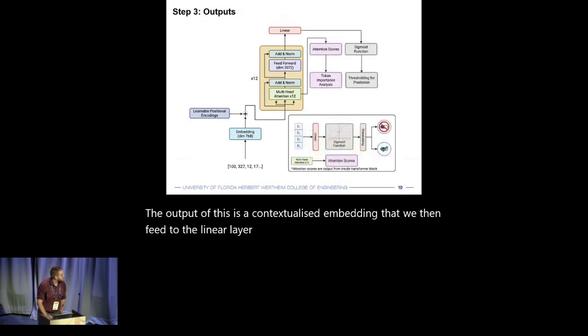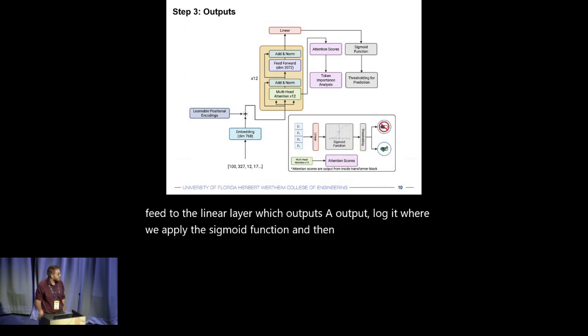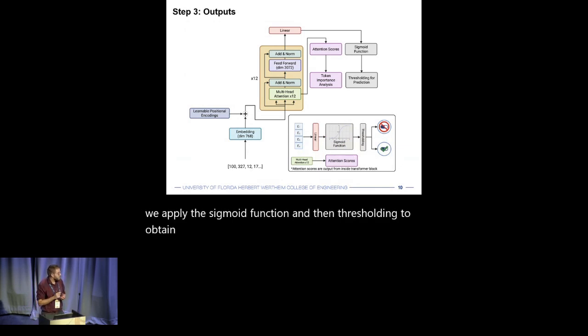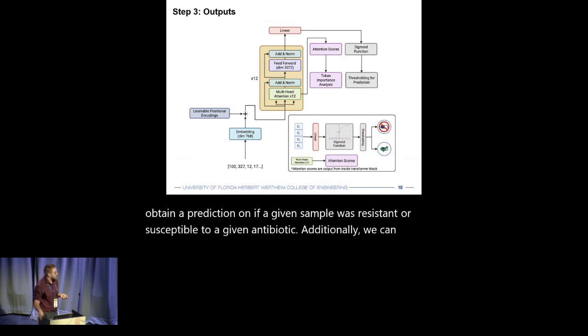The output of this is a contextualized embedding that we then feed to the linear layer, which outputs an output logit where we apply a sigmoid function and then thresholding to obtain a prediction on if a given sample was resistant or susceptible to a given antibiotic. Additionally, we can extract the attention scores from the multi-head attention.